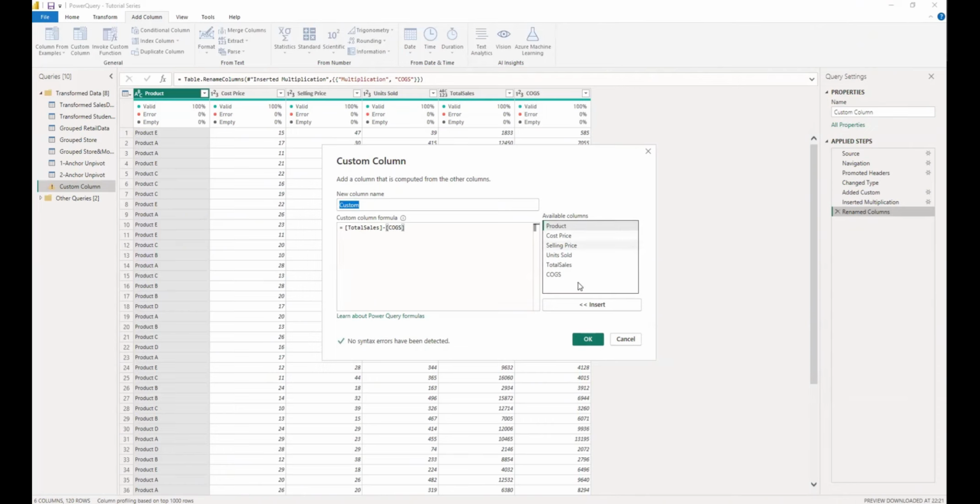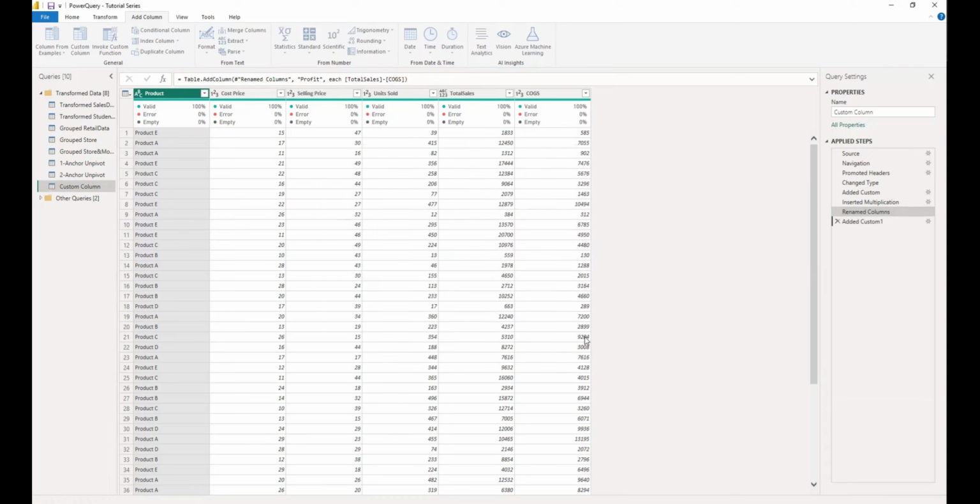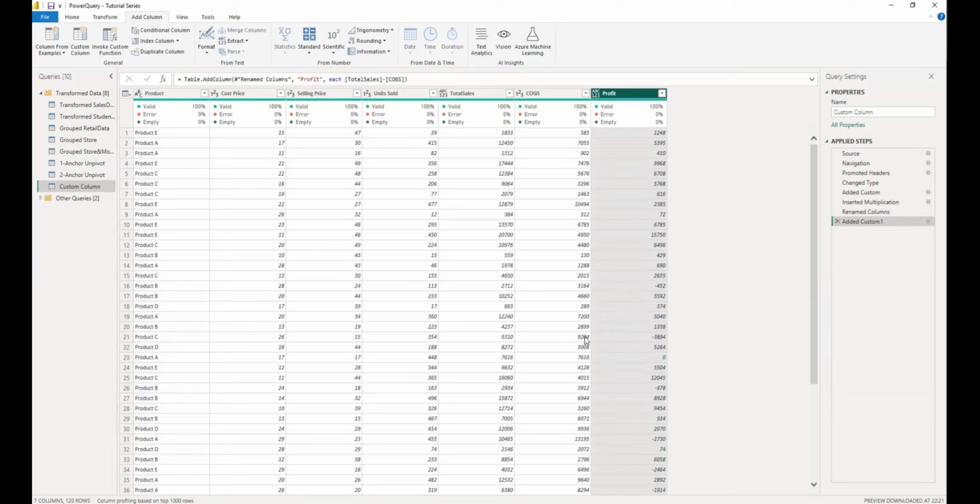I've shown you how to double click, how to insert by clicking, and how to also type it and it comes out. So we can call this profit. Since this is total sales minus cost of goods sold, that will give us the profit. If you make a loss, we know. So this is profit for this particular product.